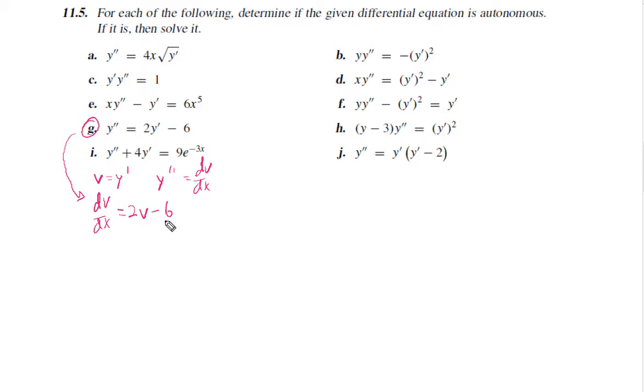Now, 2v minus 6 is the same as 2 times v minus 3, so we see v equals 3 is a constant solution. This also makes it separable. We'll divide both sides by v minus 3.